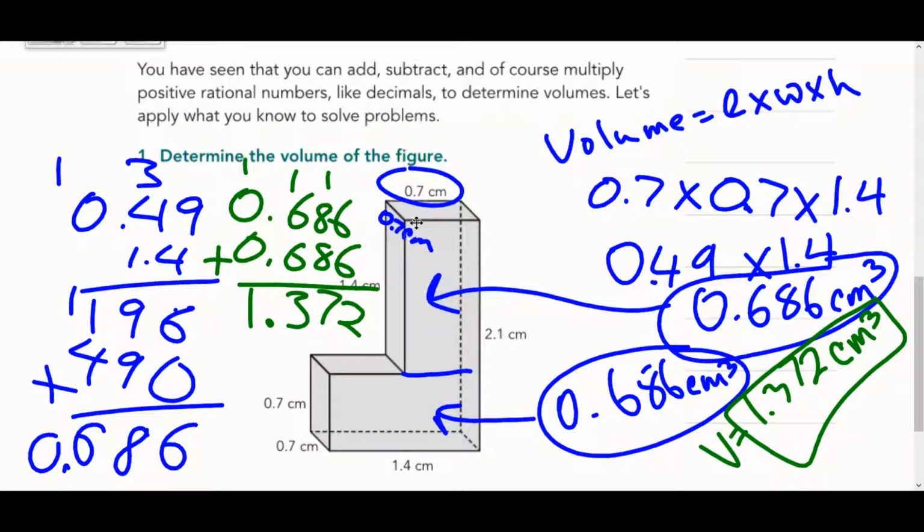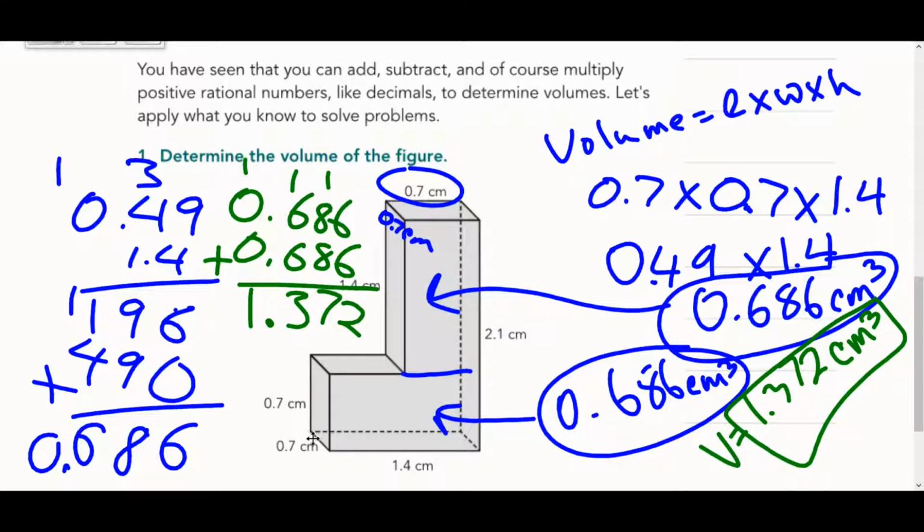So 7/10 times 7/10 times 1.4. The height right here is 1.4, not 2.1, because 2.1 is this whole height here. We just want this height. So we do the calculations, and we get 0.686 centimeters cubed for this volume right here.